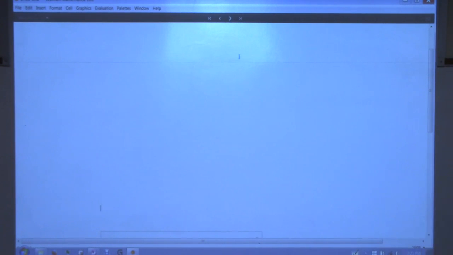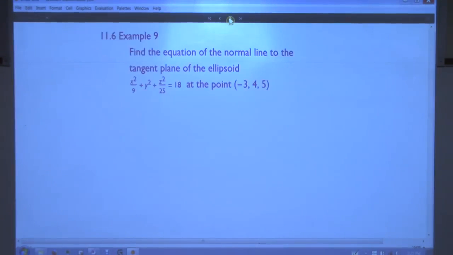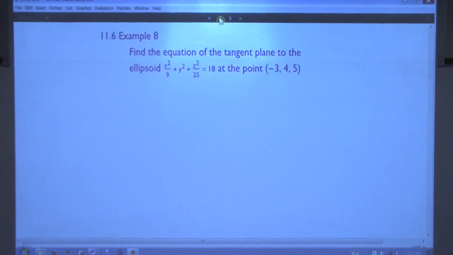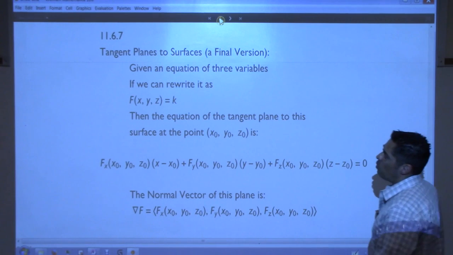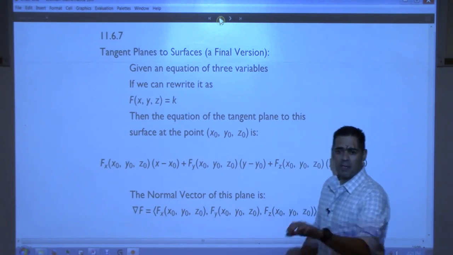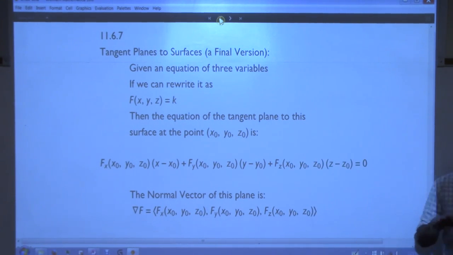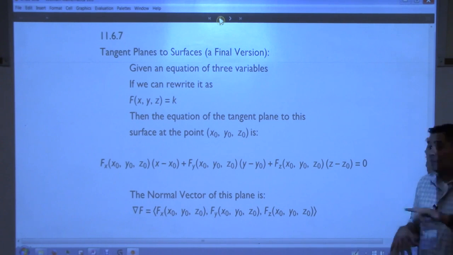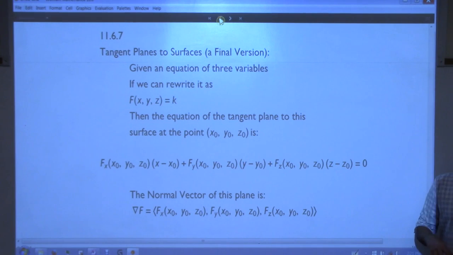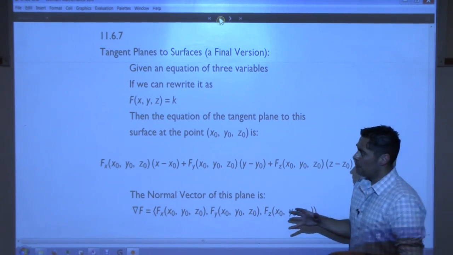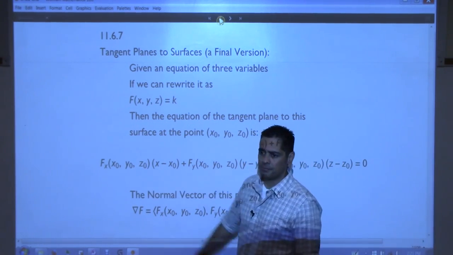Now you just have an equation, any equation that connects x, y, and z together. So if you give me an equation that has x, y, and z all in it, then I can find the equation of the tangent plane to any point on that surface using this formula right here.